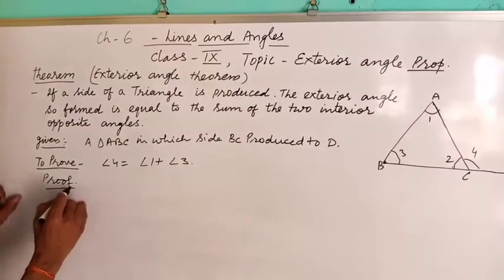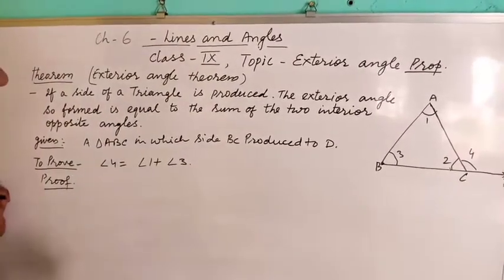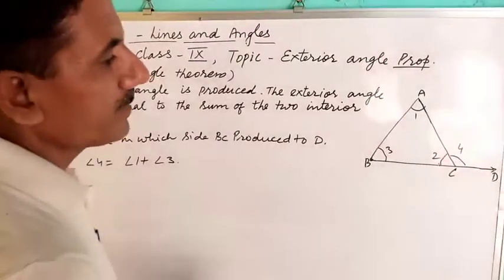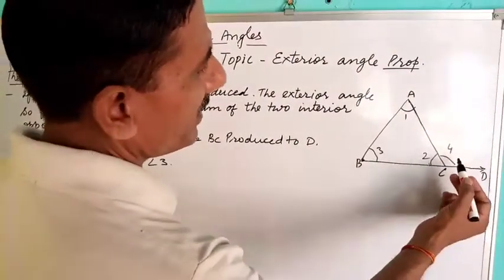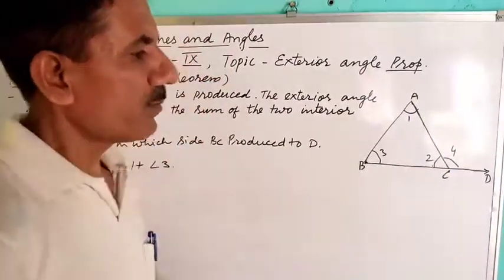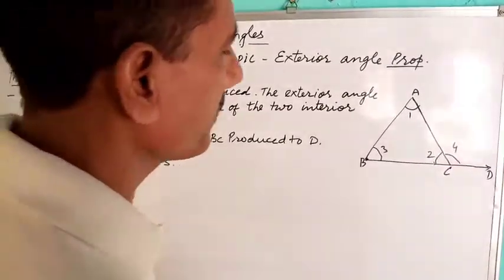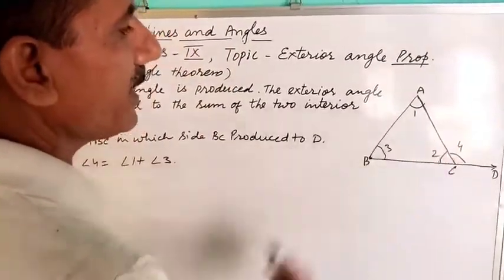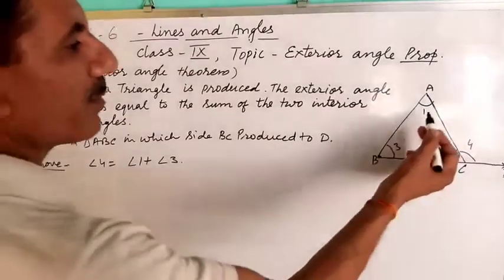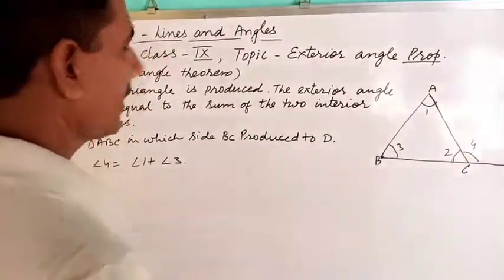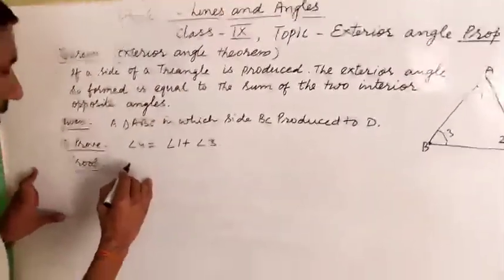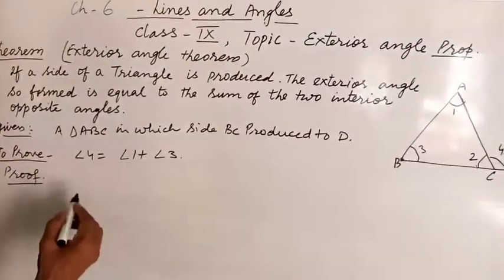Let's write the proof. We know that angle 4 and angle 2 are a linear pair, and angles 1, 2 and 3 are the angles of the triangle. So we use both the theorems.